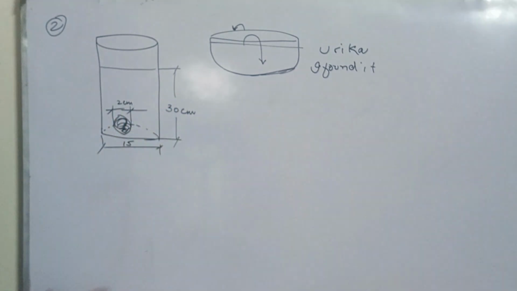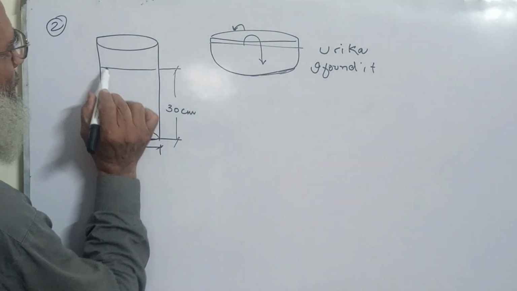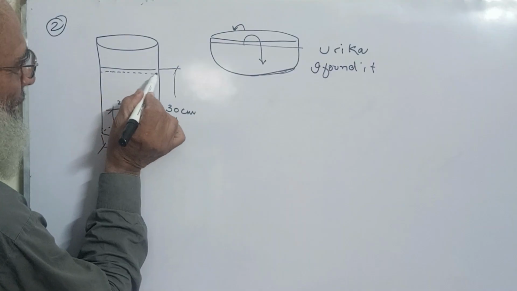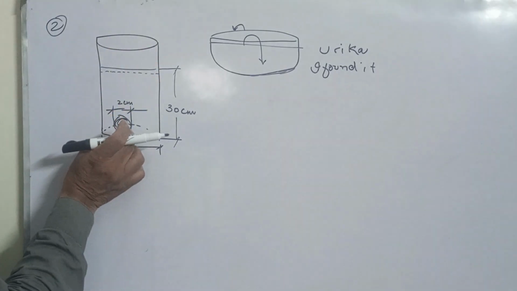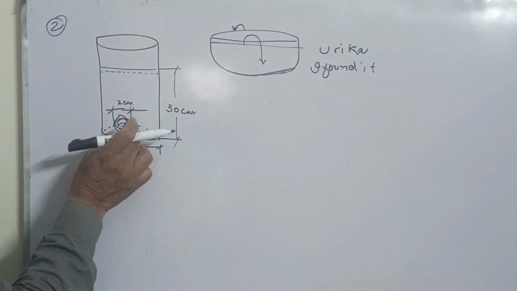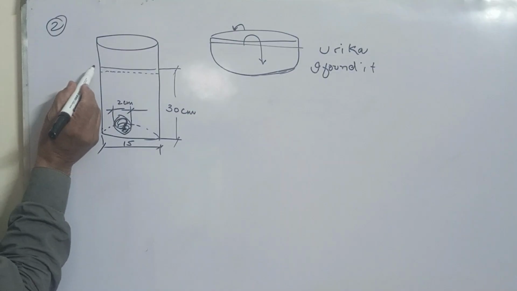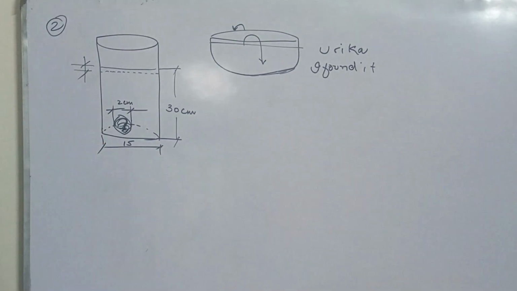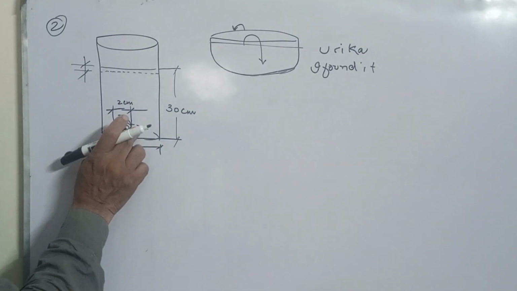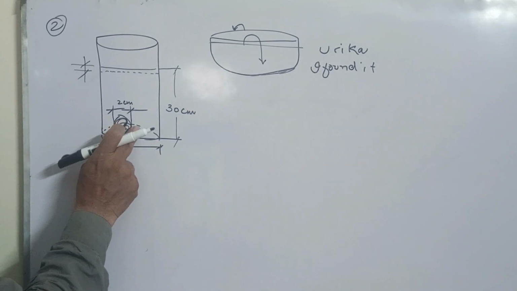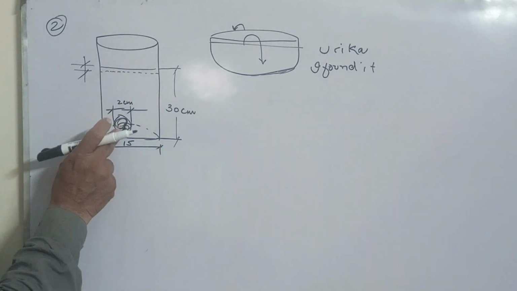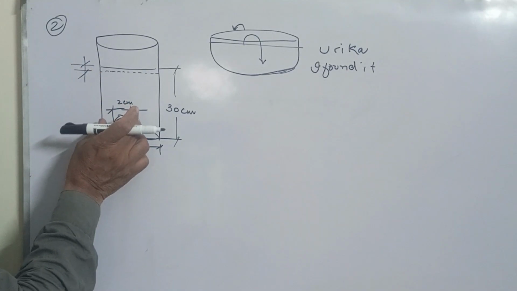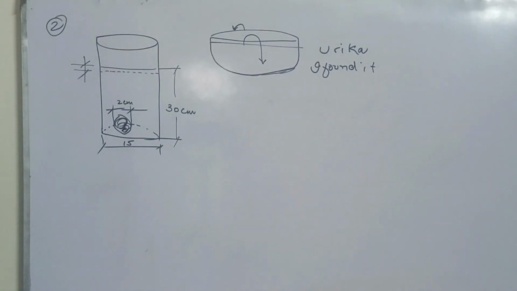You see that the water was somewhere here, but after dipping this steel ball bearing, the water level has risen this much, because the volume of this steel ball has made the water rise a little bit, and the rise is equal to the volume of the steel ball.